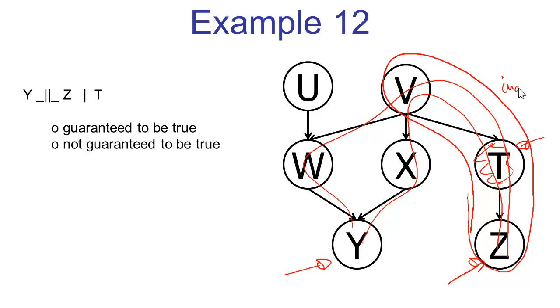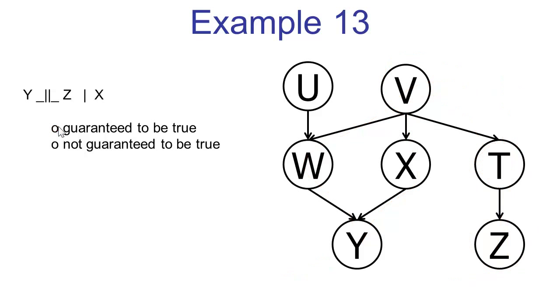This triple is inactive. Both of these paths have this inactive triple, which means both of these paths are inactive. These are the only paths connecting Y and Z, so all paths connecting Y and Z are inactive, which means we can guarantee the conditional independence of Y and Z given T.